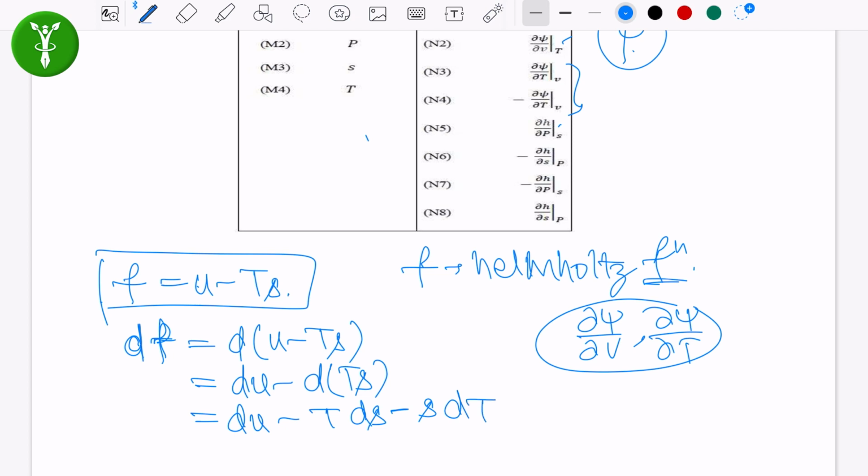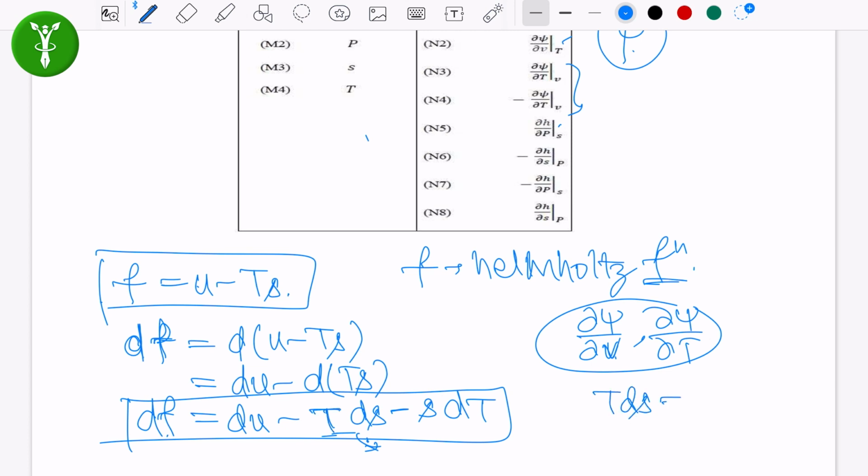Now see, are we getting anywhere? We have to calculate del f by del v also, but volume is not coming. So how can we get the volume term? See, here we are seeing TdS. The TdS relation, you know, TdS is equal to du plus PdV.